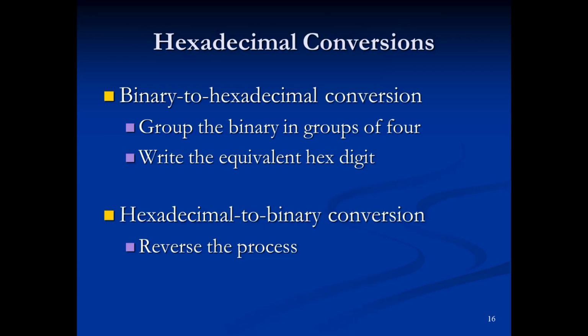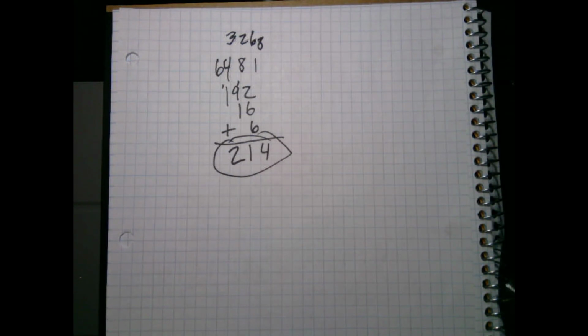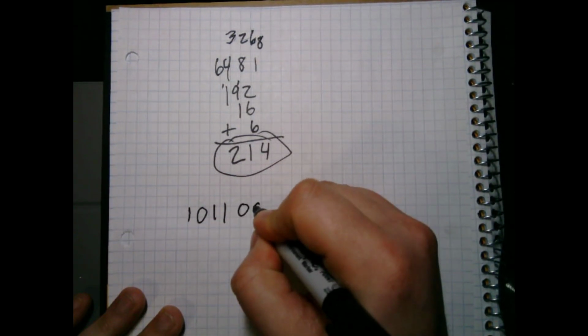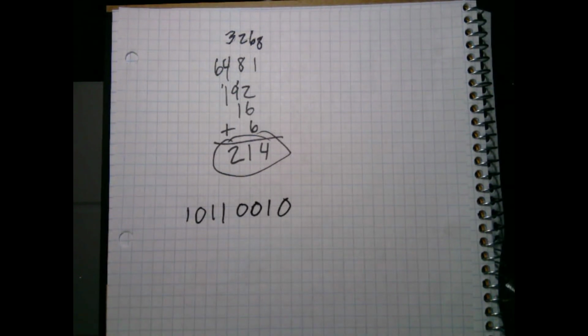So in terms of conversions, binary to hex and hex to binary, similar to base 8, we're just grouping things in 4s now instead of 3s. So we'll start with binary to hex. We'll just say that number there for an example.